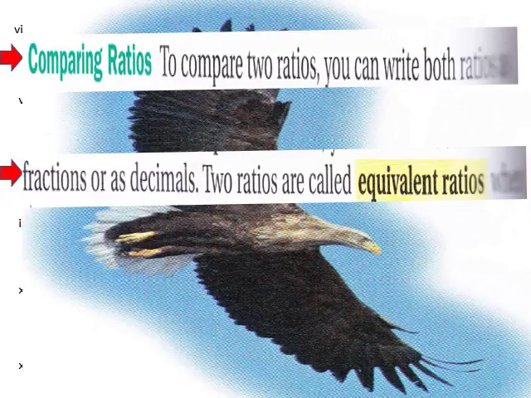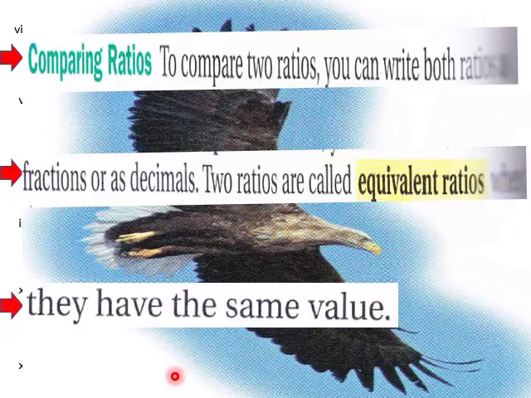Comparing ratios now. To compare ratios, you can write both ratios as fractions or as decimals. Two ratios are called equivalent ratios when they have the same value.